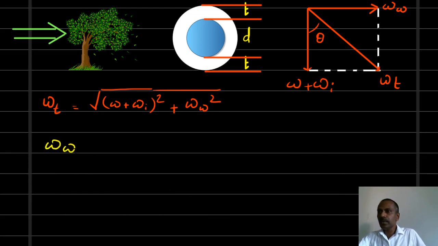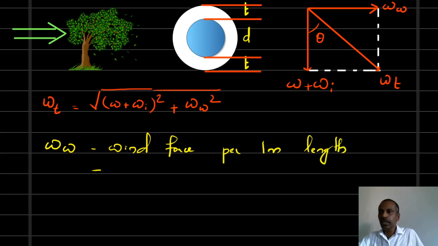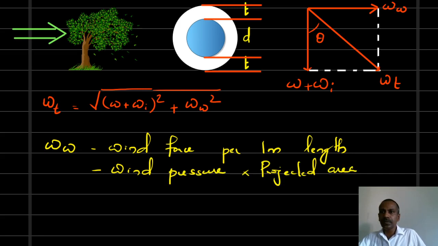Now let's find out Ww, the wind force per 1 meter length. As you know, force is equal to pressure into area. It is the wind pressure into the projected area of the conductor per 1 meter length.